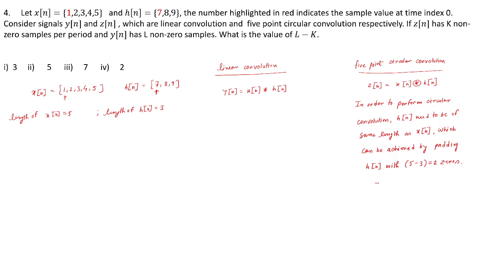So effectively zn is going to be the circular convolution between xn and h dash n, where h dash n is nothing but 7, 8, 9, 0, 0.